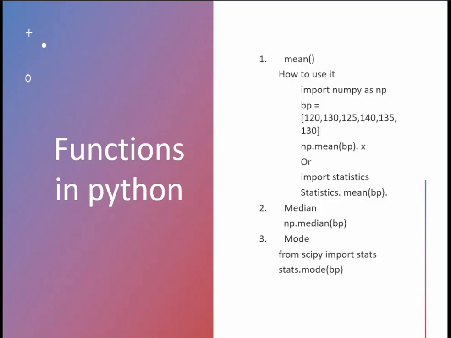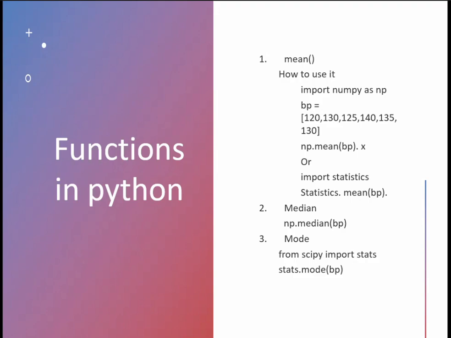Because we are going to be using Python most of the time in our biggest discussions, I thought it wise to give you some of the common functions that we use when we are talking about measure of central tendency. So we have a function in Python called mean, and that's the one we use for calculating the mean for our values. Then we have another one called median.